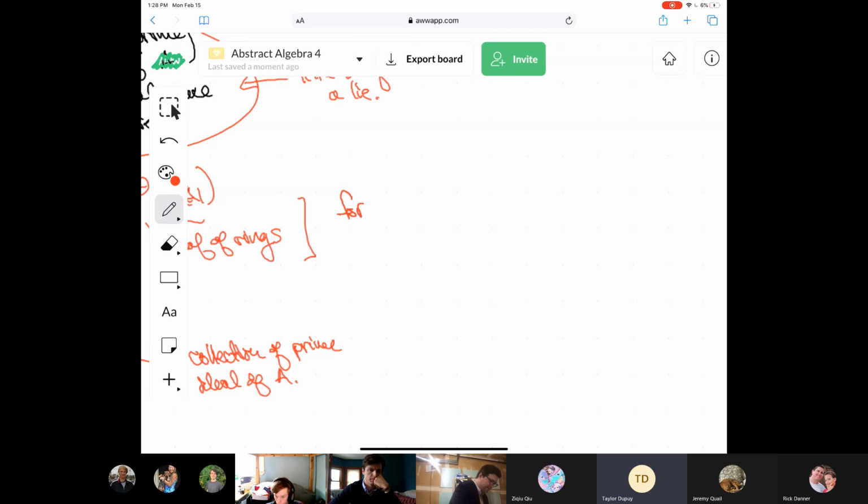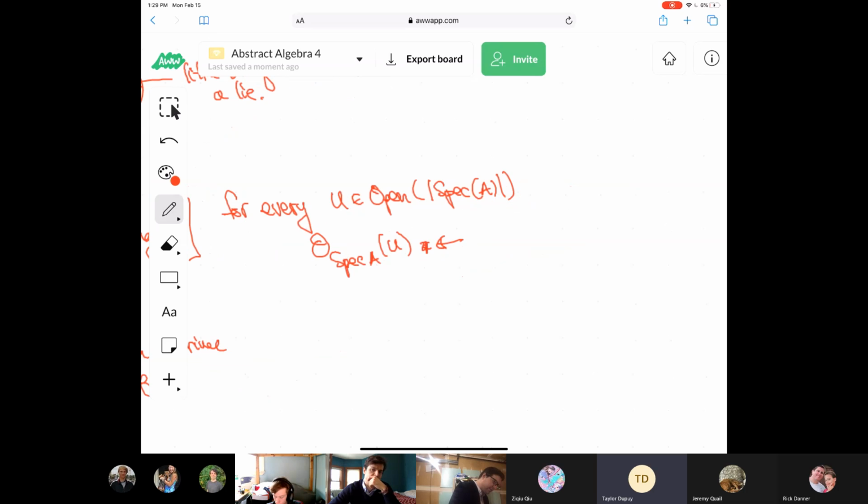For every open set U of spec A, O of spec A of U is a ring, some ring that we construct.